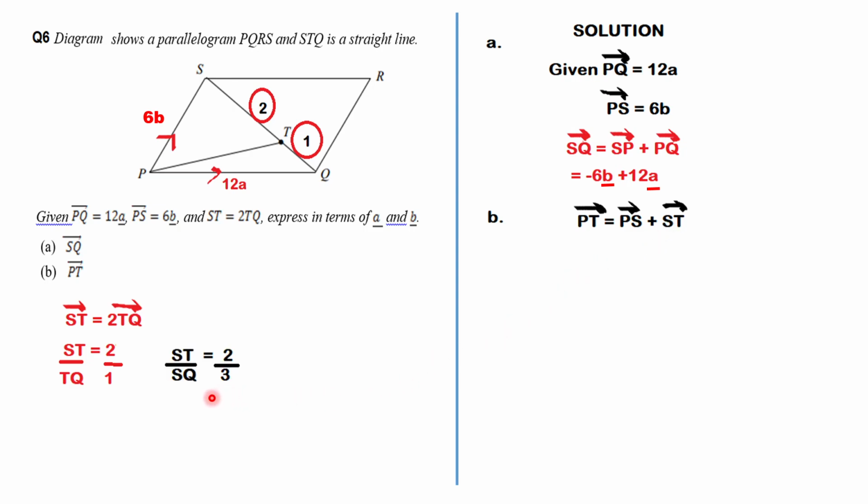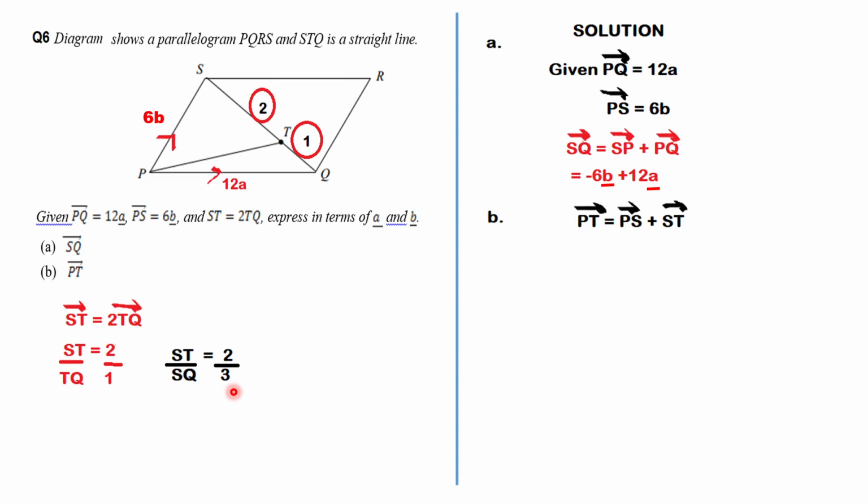ST over SQ equals, ST is 2, SQ, the whole thing, is 3. So the ratio between ST and SQ equals 2 to 3.